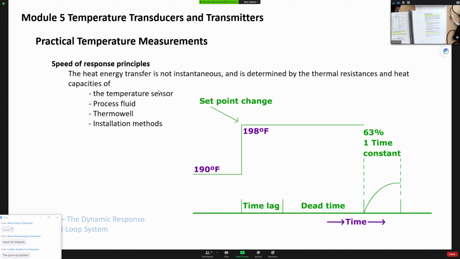Practical temperature measurement, the speed of response principle, because heat energy needs to transfer from you. Like you can use a remote, non-contact measurement, but you are measuring the emitted radiation, thermal energy.